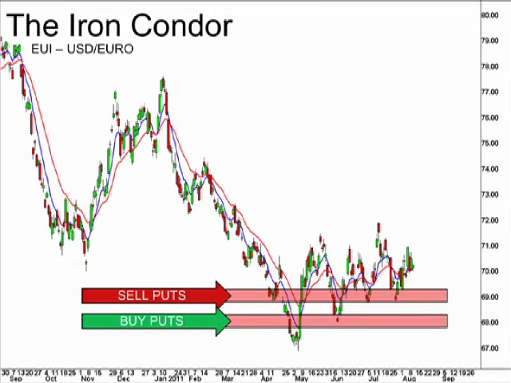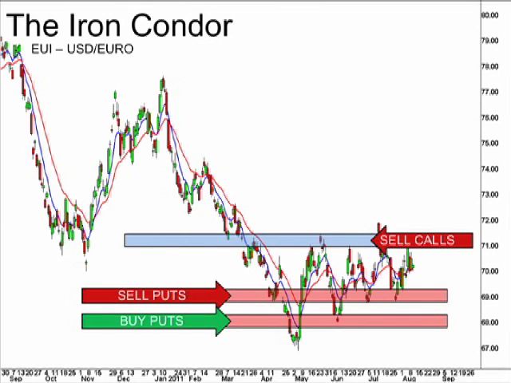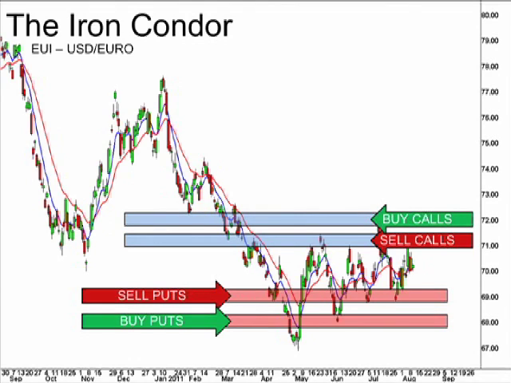But ultimately, we have here the EUR/USD, and the consideration might be that we don't think within the next month that it is going to trade below 69. So I can sell the puts at 69 and buy the puts down at 68, and there's my bull put spread.